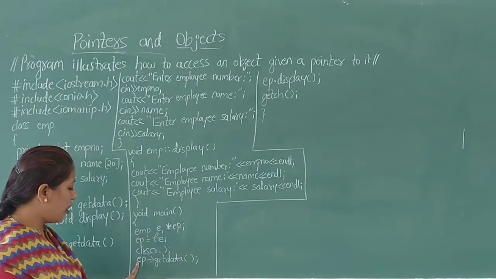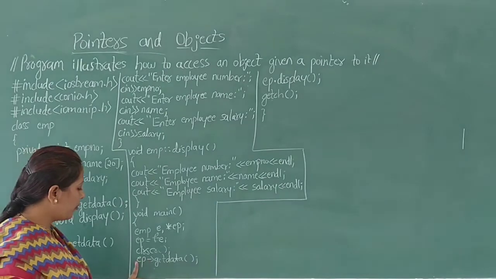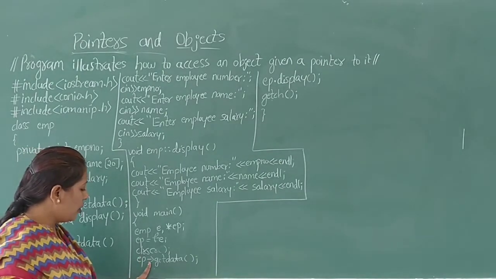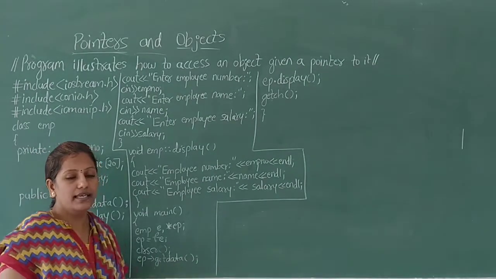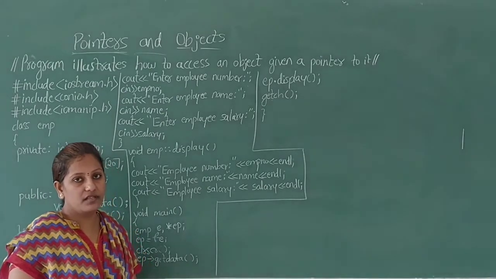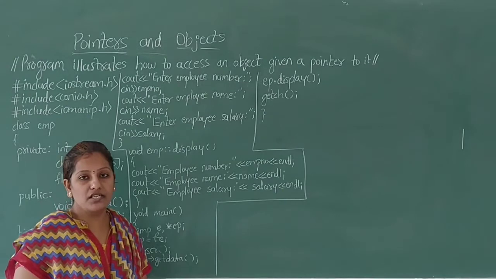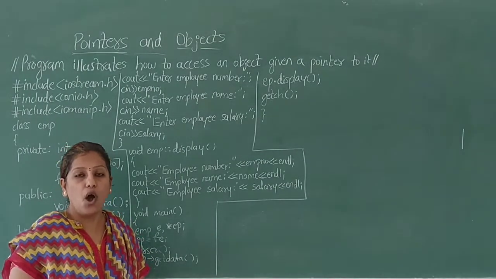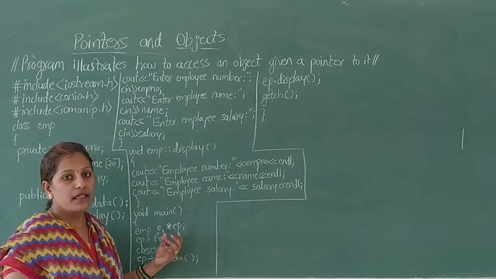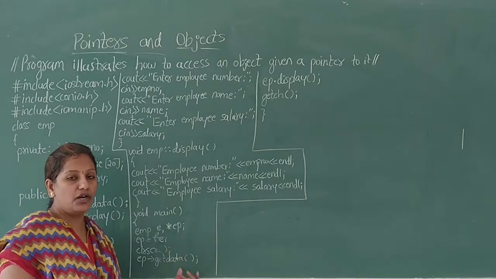Okay, ep is the object pointer, arrow is the operator, and get data is a member function. When we access members of a class using an object pointer, we have to use the arrow operator.